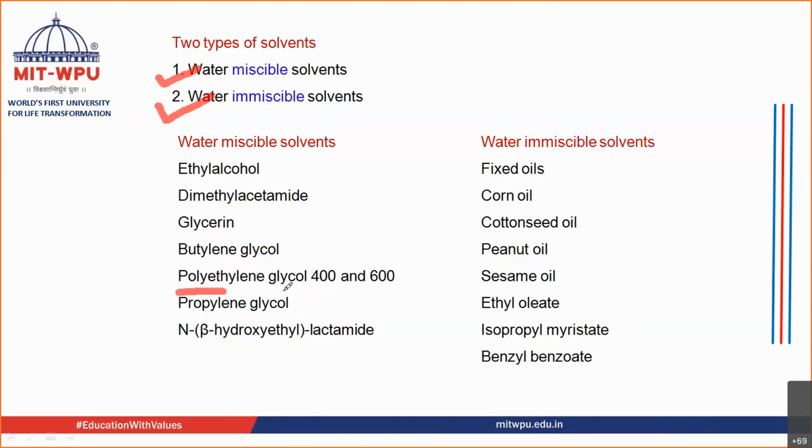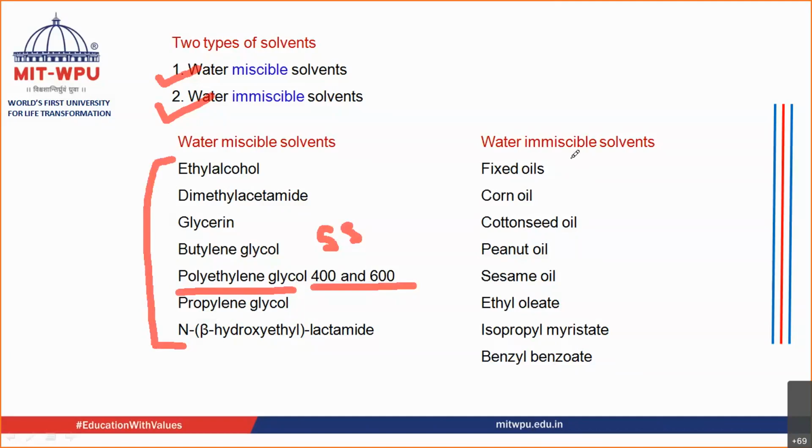Polyethylene glycol at higher molecular weight is semi-solid in nature. Okay, hence the molecular weight is specifically mentioned, that is 400 to 600. Then propylene glycol. Okay, then N-butyl hydroxy ethyl lactamide. These are some of the water miscible solvents that can be used.